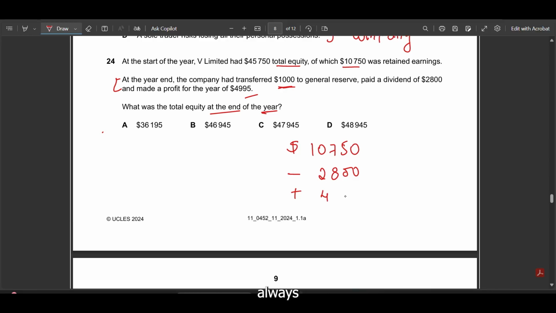Profit always increases the retained earnings, so let's add this. 10,750 minus 2,800 plus 4,995. So I'm getting the closing balance of retained earnings as 12,945.